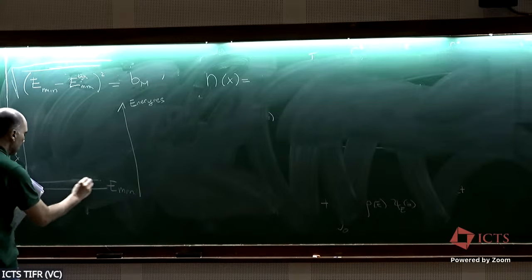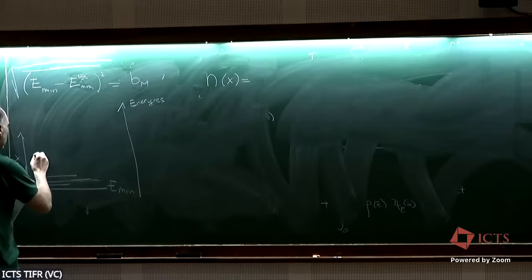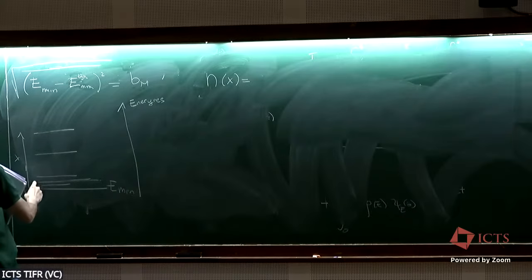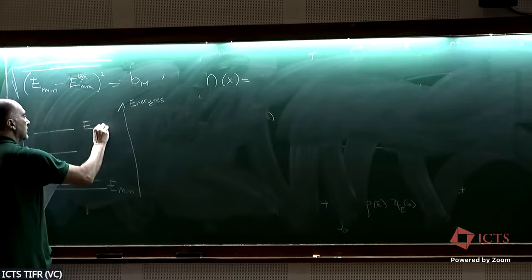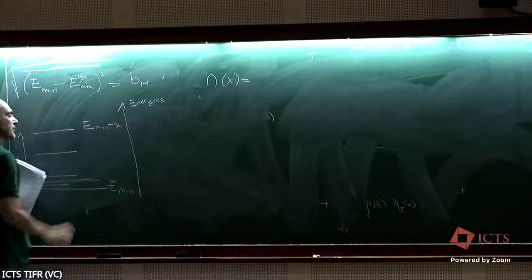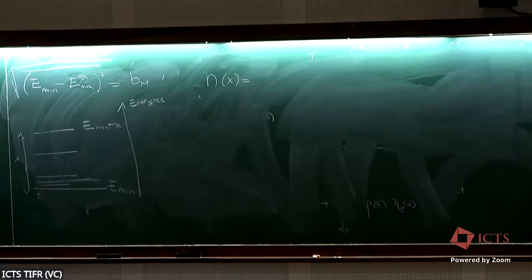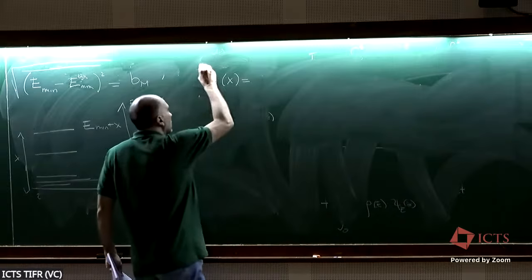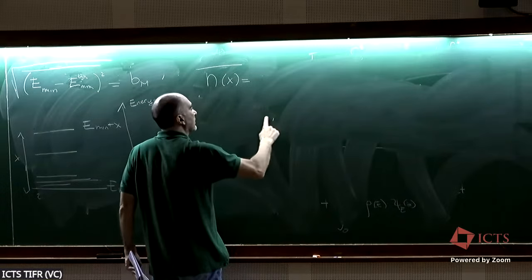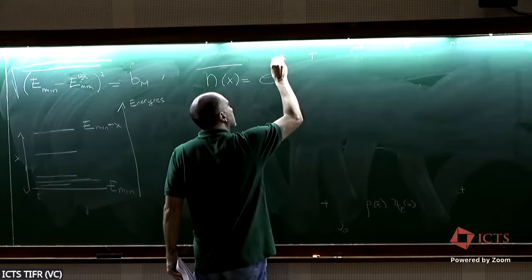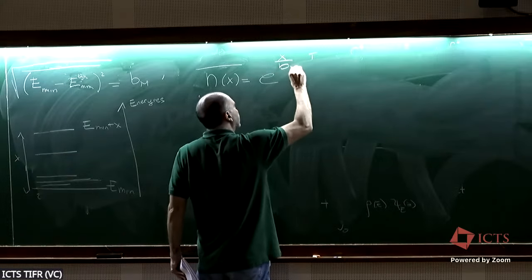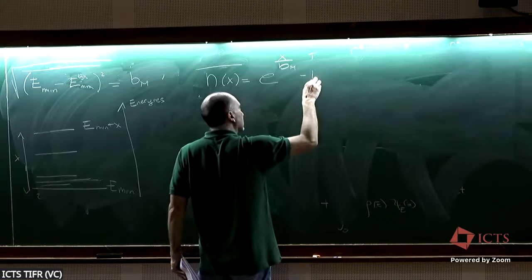And so I want to count how many of them are between E_min and E_min plus x. This I did in the tutorial, and I told you, you can compute this using the same extreme value statistics. What you will have is something like this. This is the ground state.